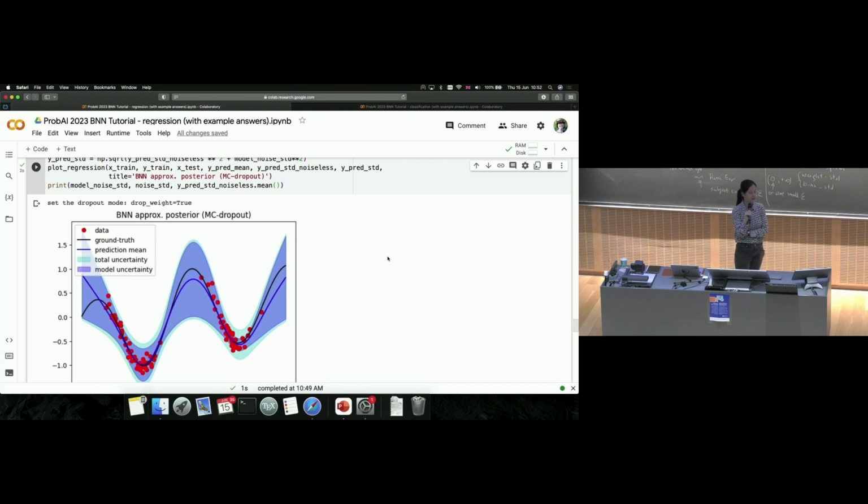Even when you know the coin is fair with absolute confidence, you cannot predict the next coin flip outcome because that particular coin flip itself is also a random event. So that is the data uncertainty that you cannot reduce. And in Bayesian neural networks, we usually say total uncertainty equals model uncertainty plus data uncertainty, or in other words, epistemic uncertainty plus aleatoric uncertainty. So that's basically why you can see this plot here.